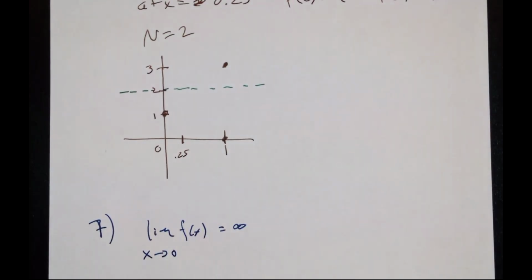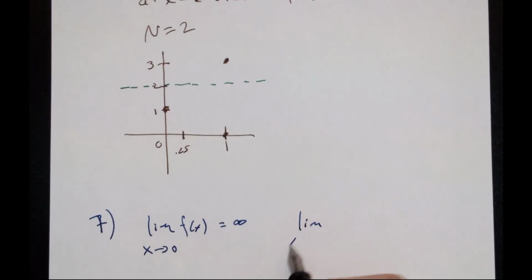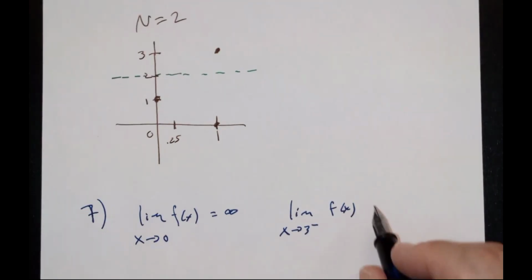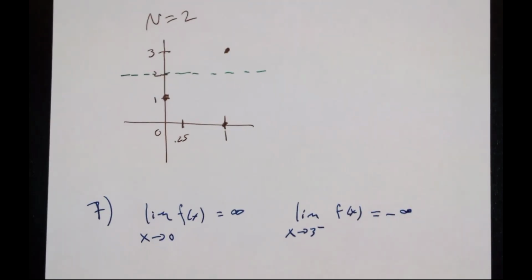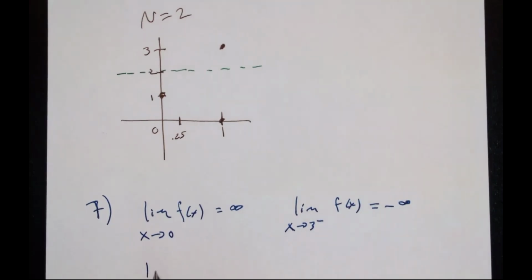Limit as x goes to 3 from the left is negative infinity. Limit as x goes to 3 from the right is positive infinity.